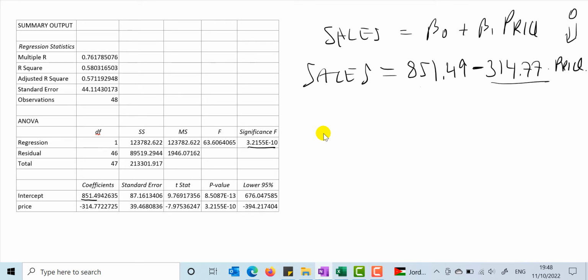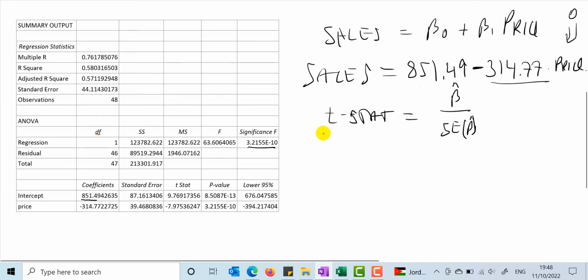Now, is this a statistically significant result? Well, we need to calculate the t-stat for that. The t-stat was beta hat over the standard error of beta hat. Right. So that's my bracket.